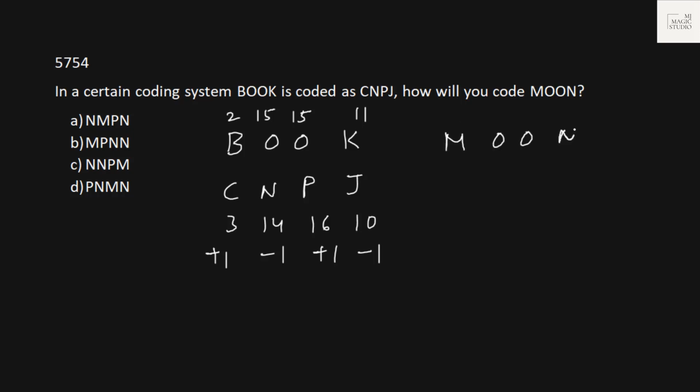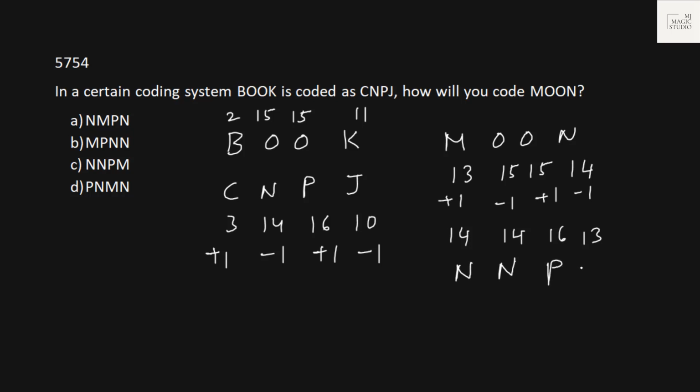It's MOON. Okay, so M is 13. Then we have 15, 15, and N is 14. So +1 is 14, -1 is 14, +1 is 16, -1 is 13. 14 is N, 16 is P, and 13 is M. NNPM. NNPM we have in option C.